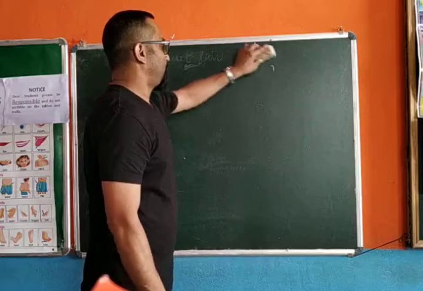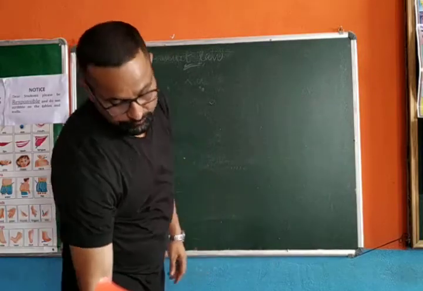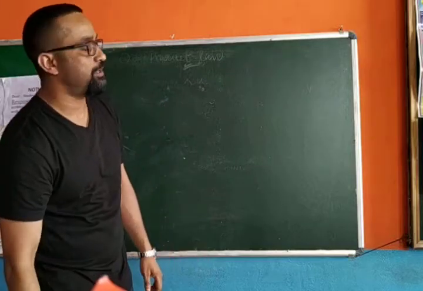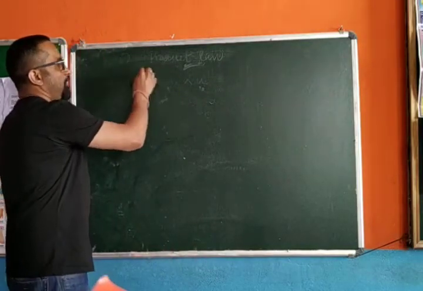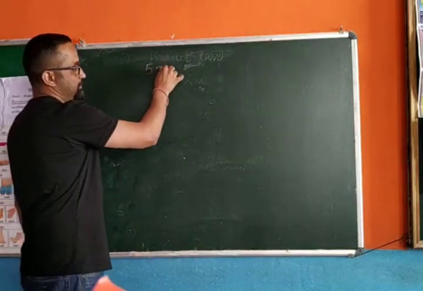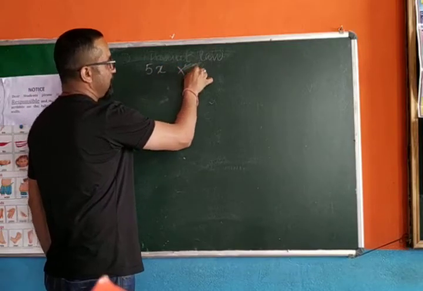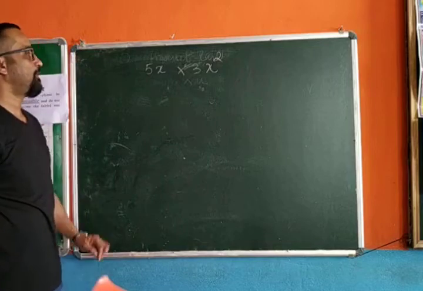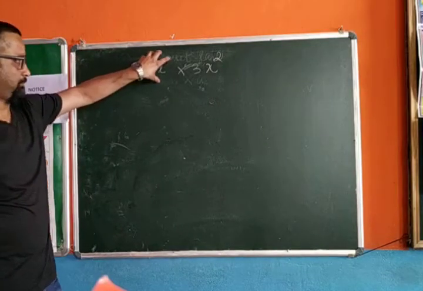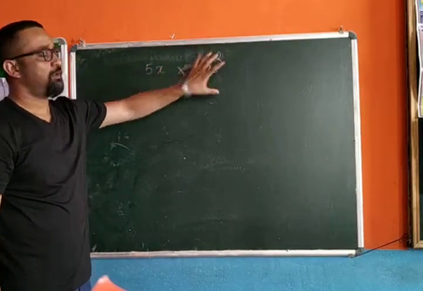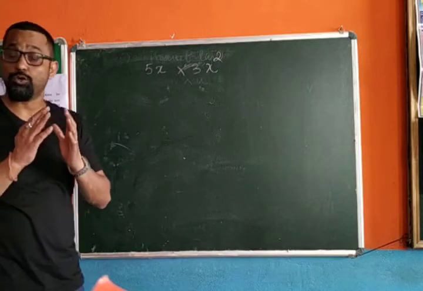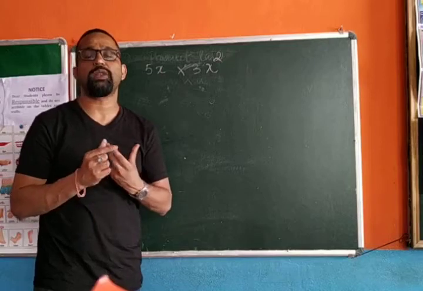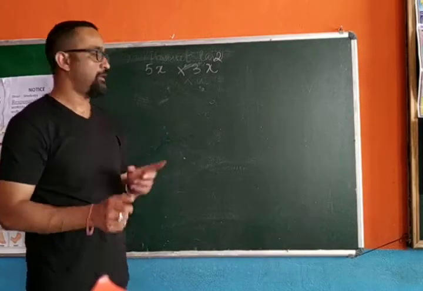So look at the multiplication of a monomial by a monomial. 5x multiplied by 3x to the power of 2. These are monomials. When we multiply two monomials, first you need to multiply the coefficients.